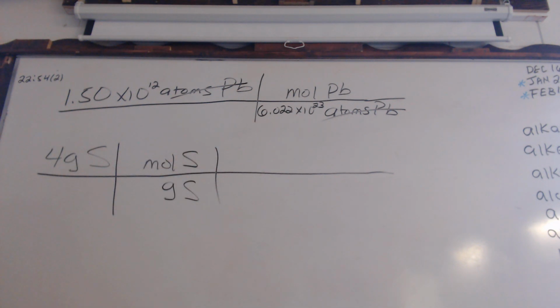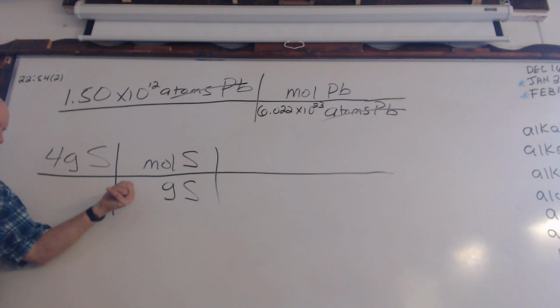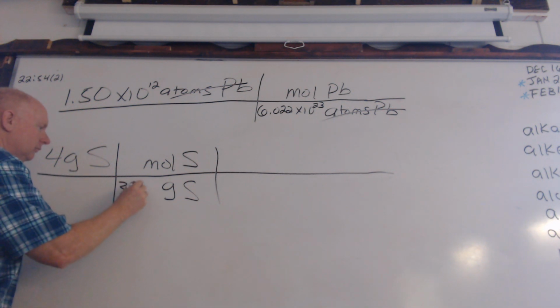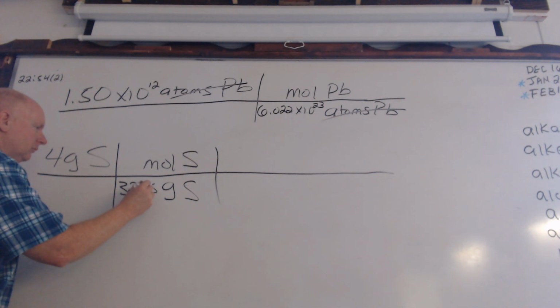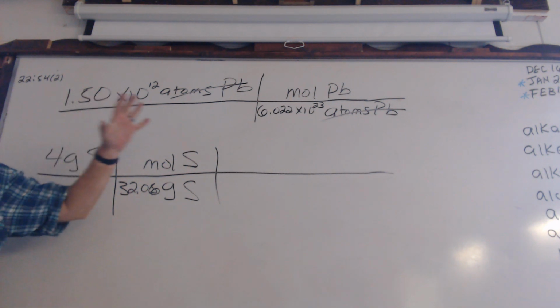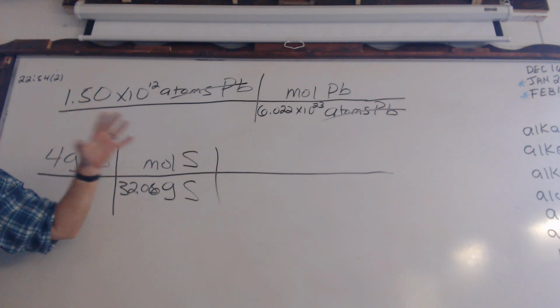But how many grams of sulfur are in 1 mole of sulfur? 32.06.